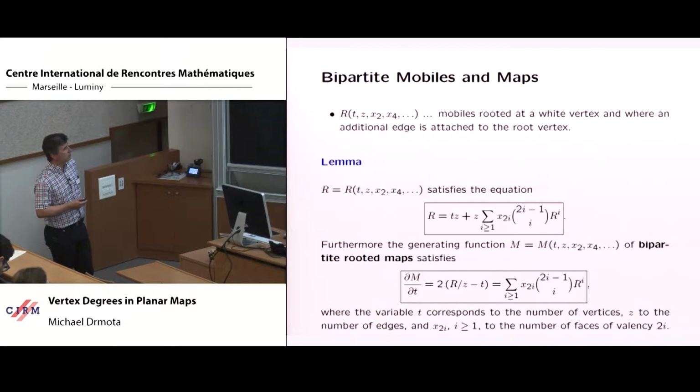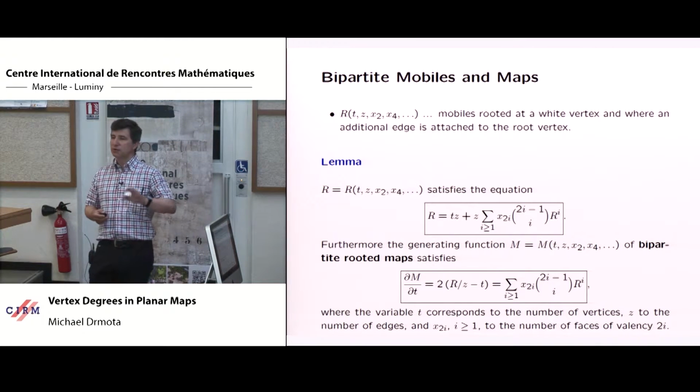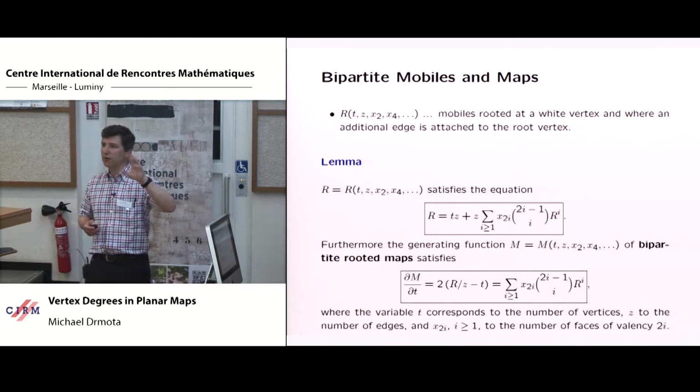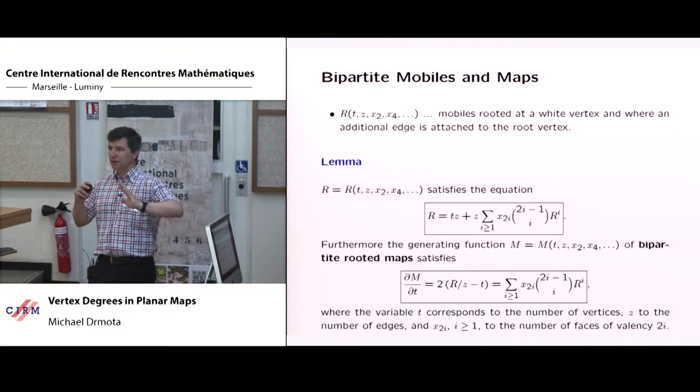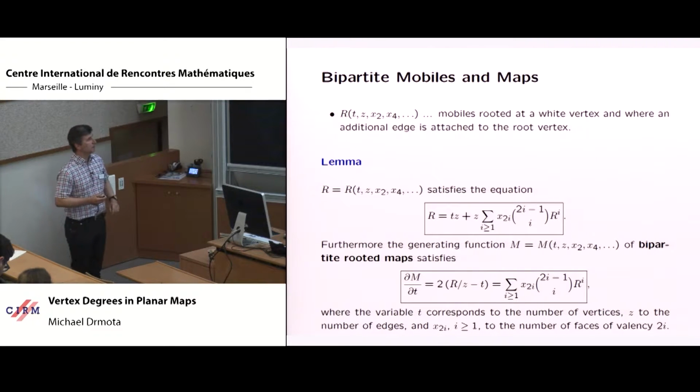What I do is I consider a formal generating function where I count the number of vertices, edges, faces of valency 2, faces of valency 4, and so on and so forth. I should maybe note that for the proof I used a face valency point of view, and by duality I can rephrase it back to vertex degrees.